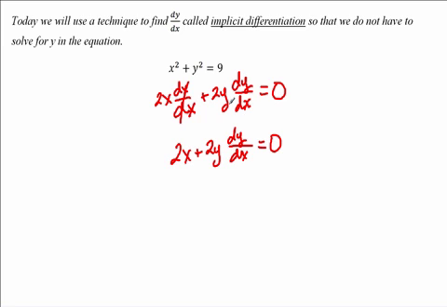Now the only problem with this is we actually have to find dy/dx, which means we have to solve these things for dy/dx. So even though we've taken the derivative, now we have the extra step of solving for dy/dx. So I'm going to do that by first moving the 2x to that side through subtraction.